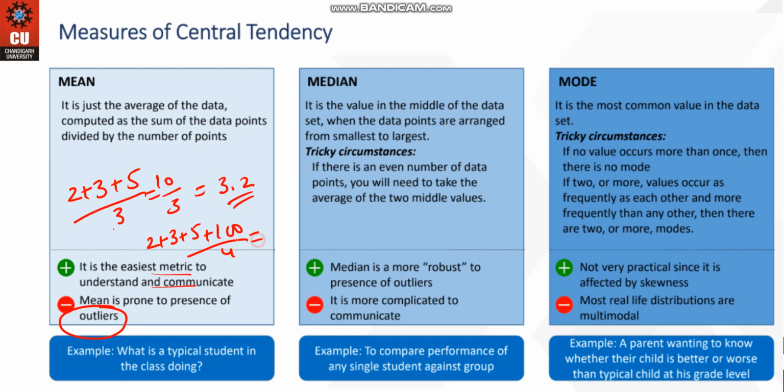If we take the mean, it is 5 plus 3, 8, plus 2, 10, plus 100, 110, divided by 4, which is 27 point something. So there is a big difference between 3.3 and 27.